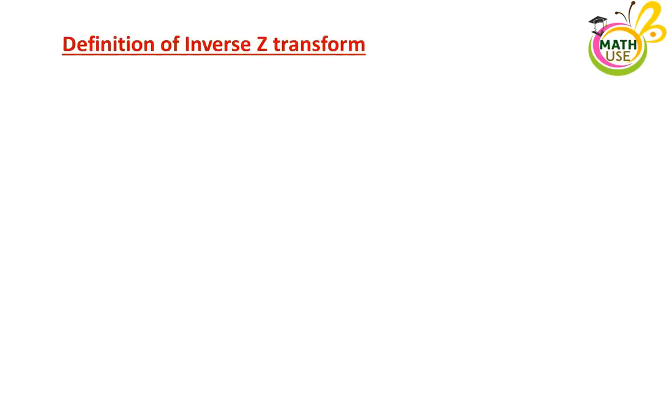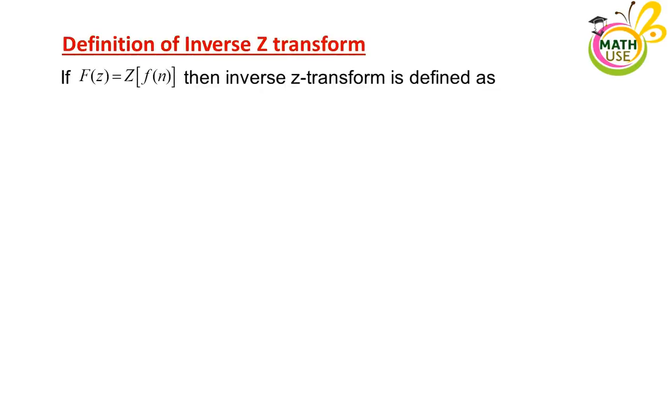The definition of inverse Z transform is nothing but: if capital F of z is equal to Z of f of n, which is the definition of Z transform, and if the Z transform exists, then we can find the inverse Z transform.